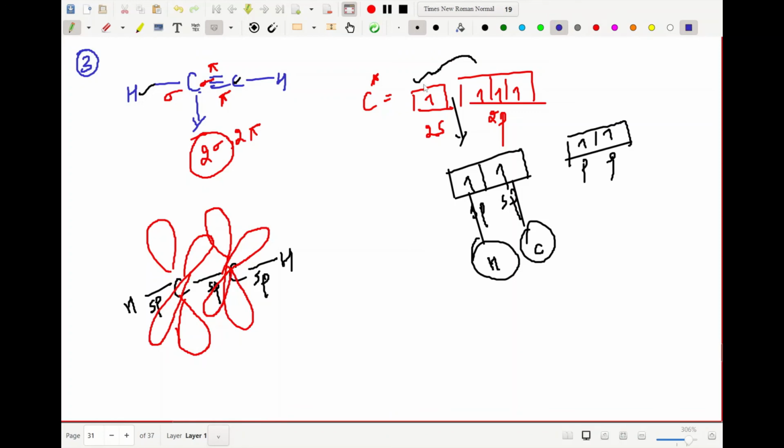So now these two are going to do sideways overlap to form one of the pi bonds, and these two, which are on the other plane, are going to overlap to form the second pi bond. So we have two pi bonds formed by the two unhybridized p orbitals on each carbon atom, and the rest of the sigma bonds are sp hybridized. So now I can say my ethyne molecule is sp hybridized and it is linear in geometry. So this was my ethyne molecule, and my methane, ethene, ethyne all have these hybridizations.